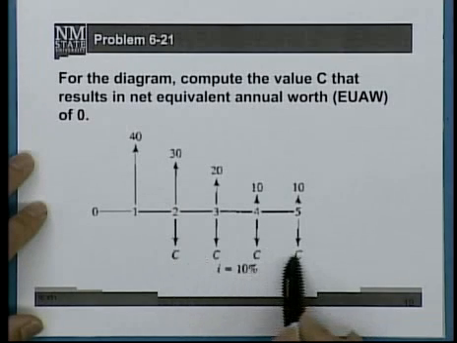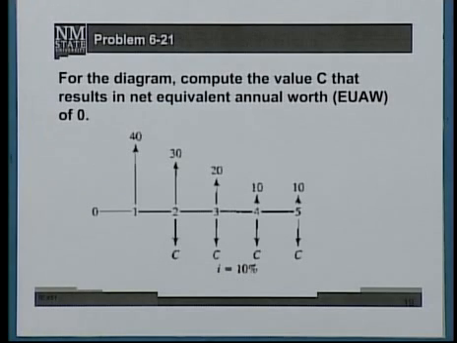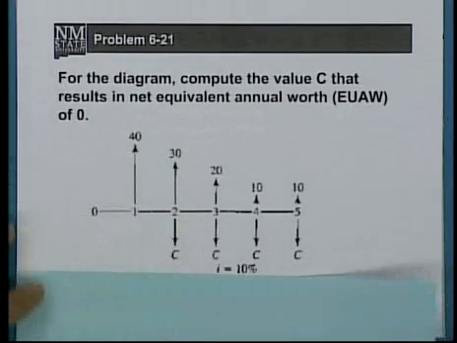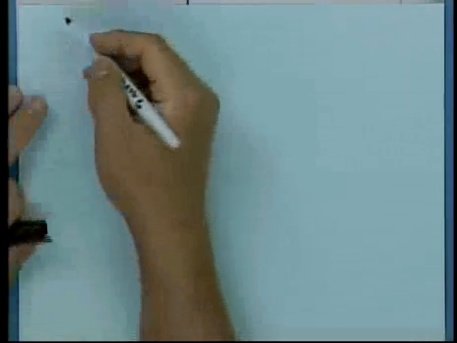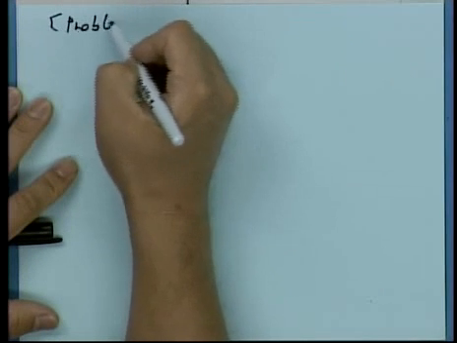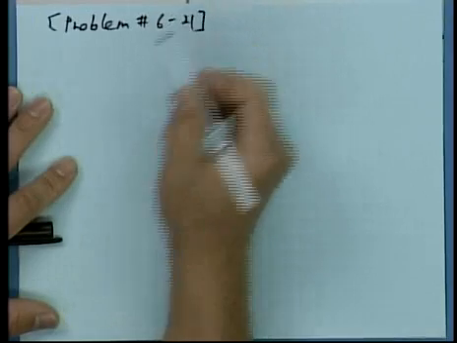Okay, and we are using 10% interest rate. Let me redraw the cash flow diagram. This is problem number 6-21.